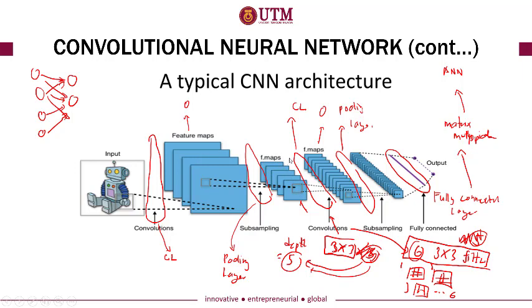So I cannot call any input of a convolutional layer an input image, because the only layer whose input is the input image is this one. This other convolutional layer takes as input the activation map of the previous layer, and the output as well is an activation map or feature map. So it's not suitable to call it an input image. It is an input for this convolutional operation or convolutional layer.